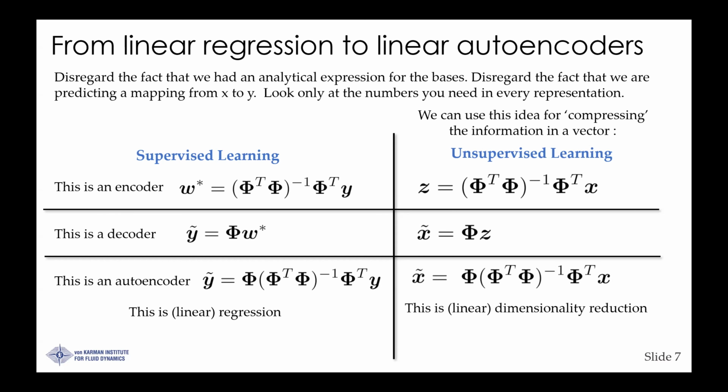It's a mapping from one world to another. Usually in this case we have an analytic expression for the basis, so we gave the Legendre, the Fourier, and so on. This is built into regression, which is a supervised learning task, finding a mapping from an input to an output.